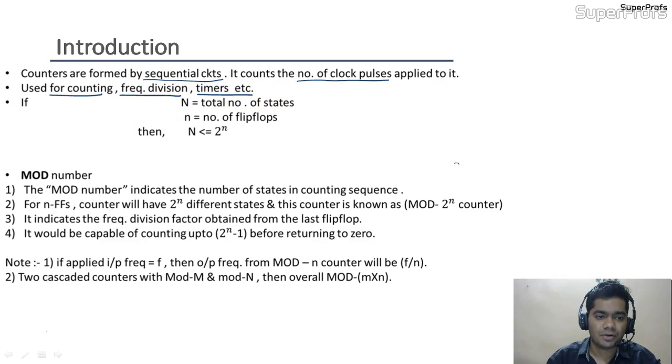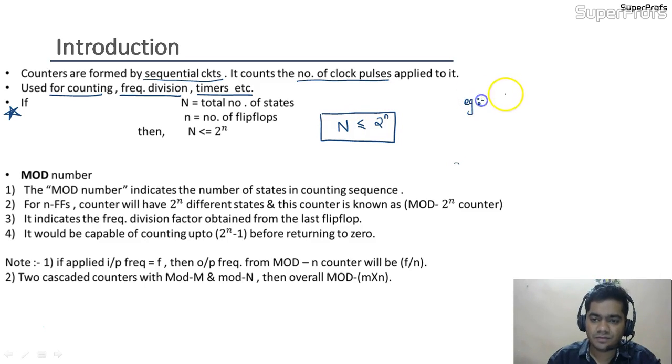So it is a very important point. The third point is a very important point. If n is the total number of states available, suppose we have n number of total states and small n represents the number of flip-flops. So we can develop a relation, that is, n would be less than or equal to 2 raised to power n. To understand this formula, we are taking one example.